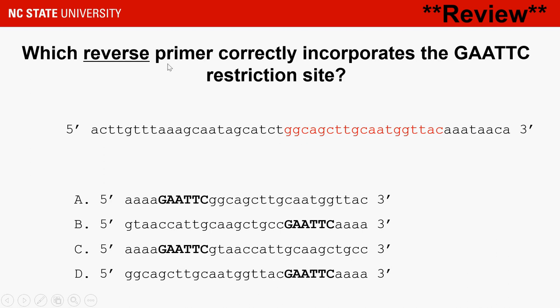And in the reverse primer that you design, you want to incorporate the GAATTC restriction site. How are you able to do that? Before I reveal the answer, please take 1 minute to think about the question and write down the answer that you think is correct.